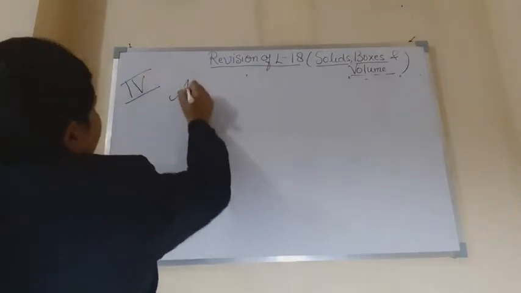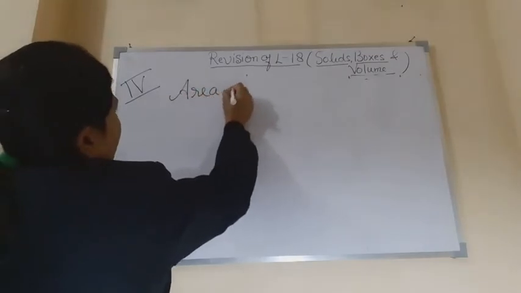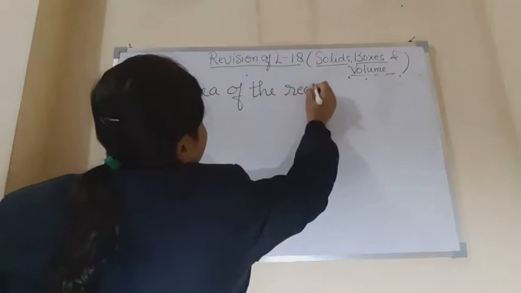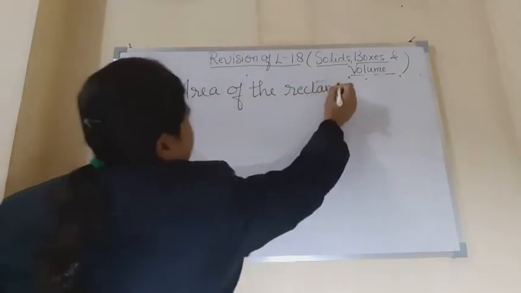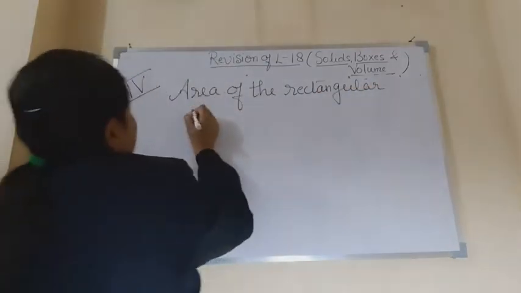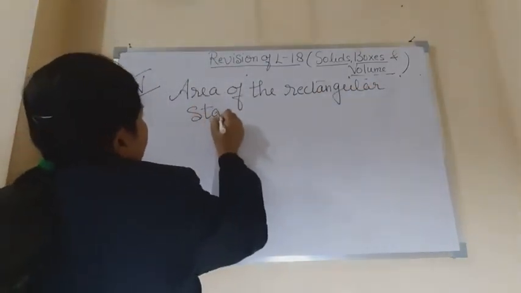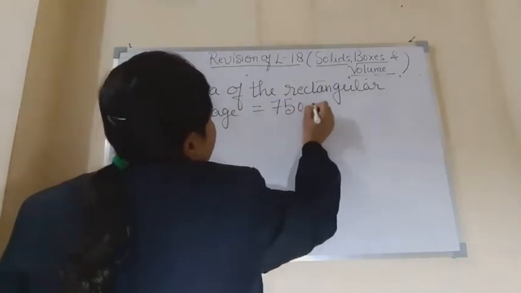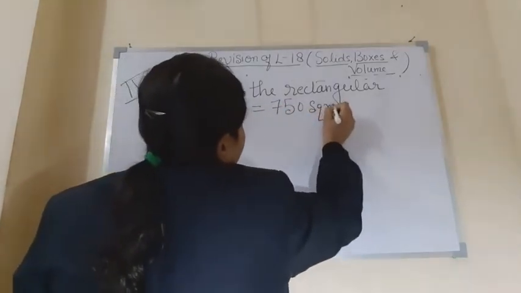So what is given? Area of the rectangular stage is equal to 750 square meter. Right?